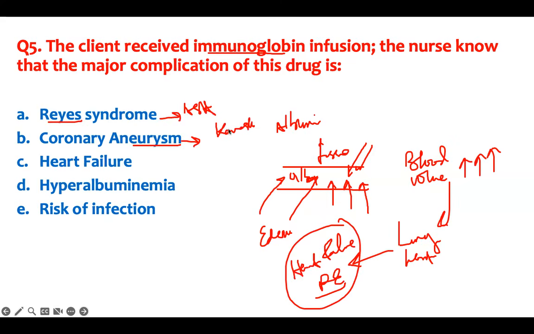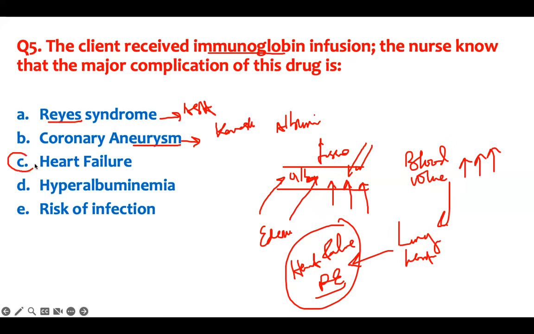The Kawasaki will cause coronary aneurysm. The immunoglobulin will prevent the coronary aneurysm. The biggest complication of the immunoglobulin, heart failure and the pulmonary edema. So I put it there because you think Kawasaki causes coronary aneurysm. Don't pick it. That's a trap.